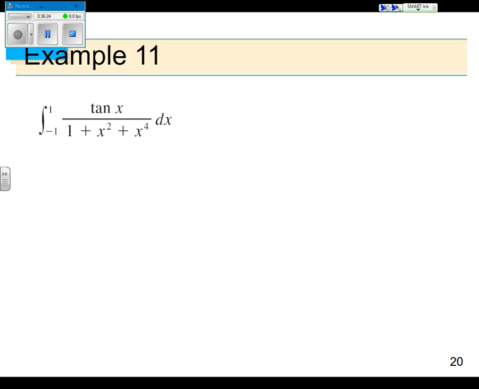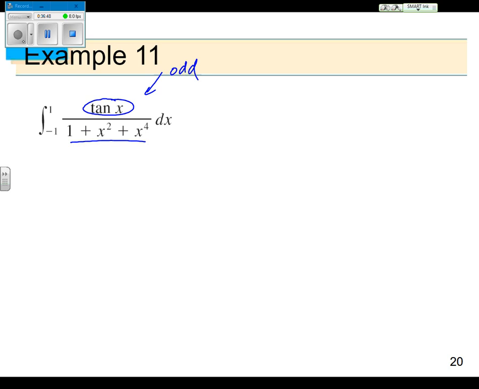I'll just go ahead and tell you this one's going to be odd. I don't know how you can tell that it's going to be odd. You can plug it in your graphing calculator and you can see that it's symmetric over the origin. It's a lot to plug in, or you can plug in a negative x. I know that this guy right here is going to be odd. It's looking like what's on bottom is going to be an even function, so it shouldn't change the fact that the whole thing is going to stay an odd function.